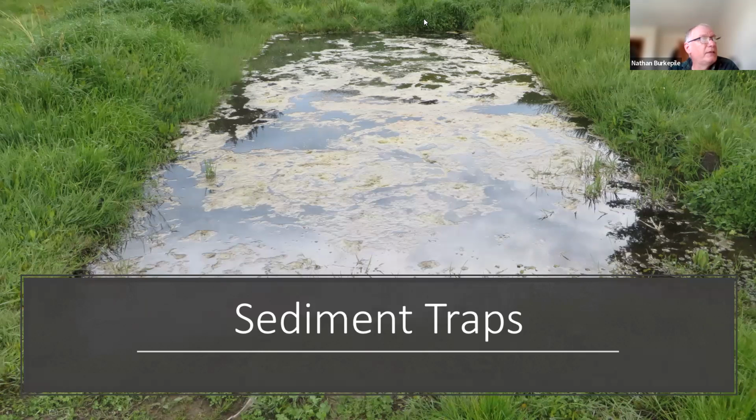This one was designed to take some flows that I didn't think needed a sediment trap, but I put one in anyway. I'm a belts and suspenders type guy, and you can see that algal growth indicating there's a lot of nutrients coming off that, and actually there's a lot of sediment that came down in a 6-month period. So it was well worth spending a couple of hours putting a sediment trap in.